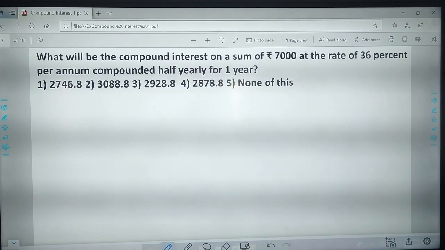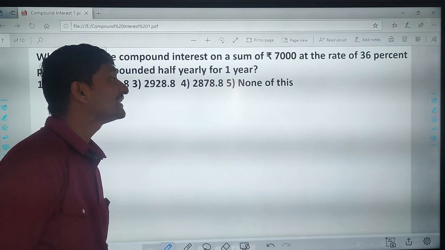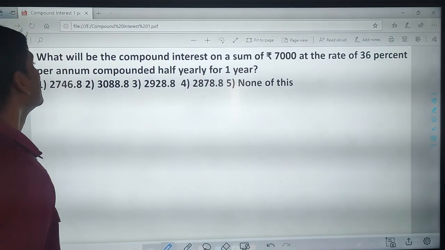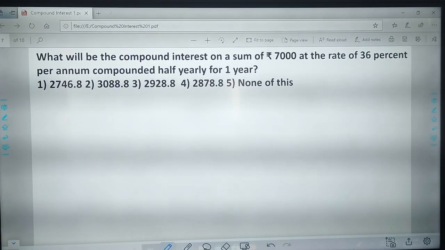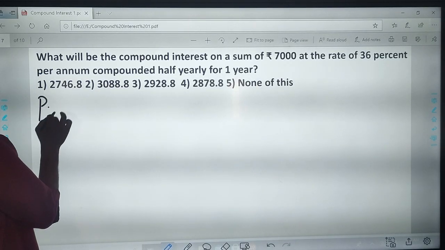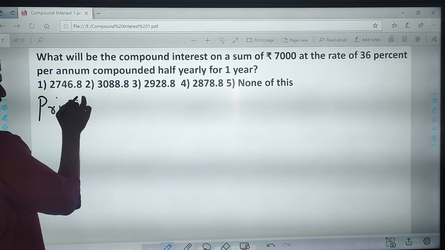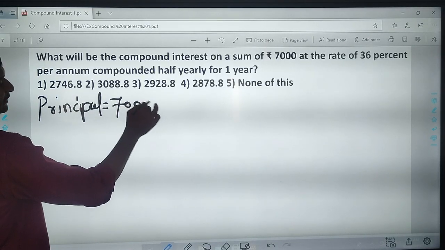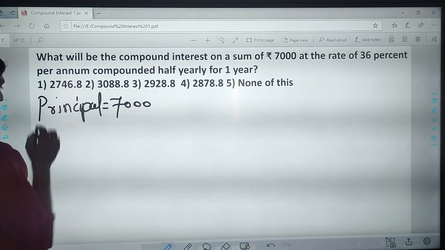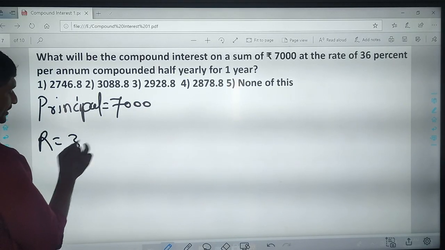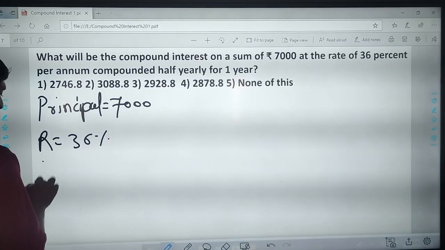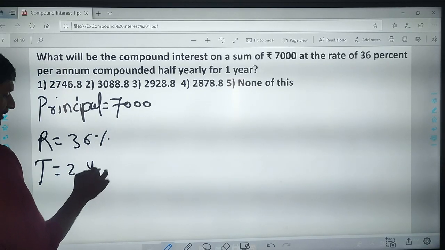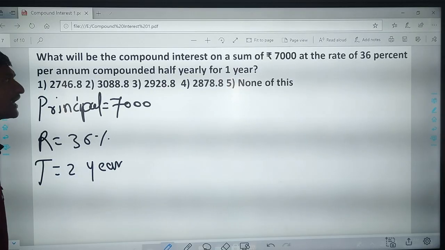What will be the compound interest on a sum of 7,000 at the rate of 36% per annum, compounded half yearly for 1 year? Here your principal is 7,000 rupees. Then your rate of interest is 36%.